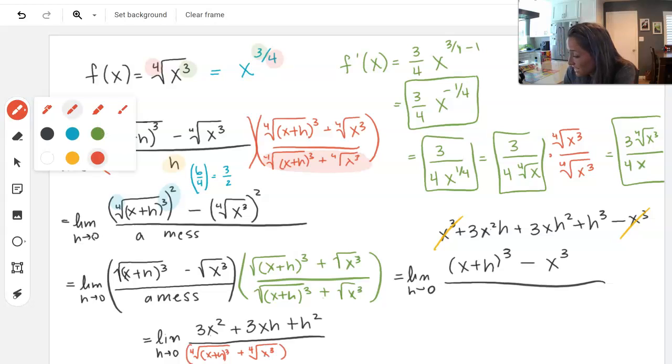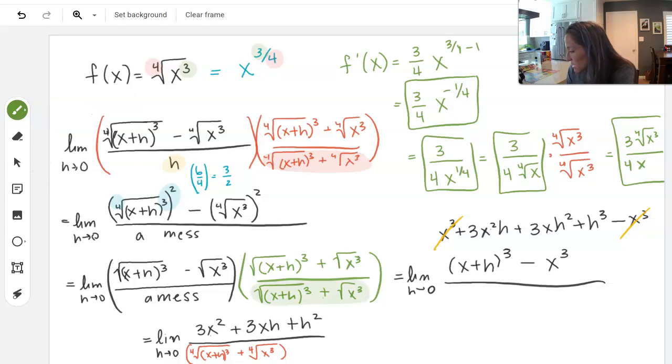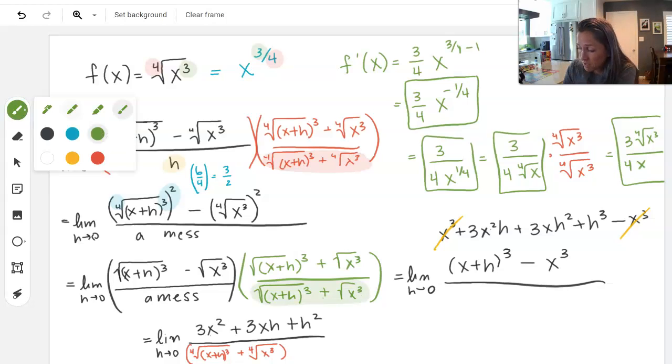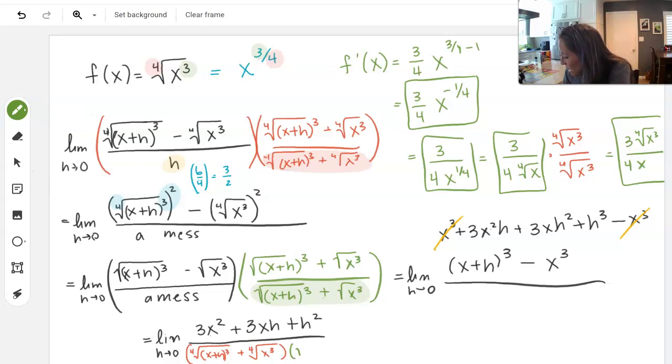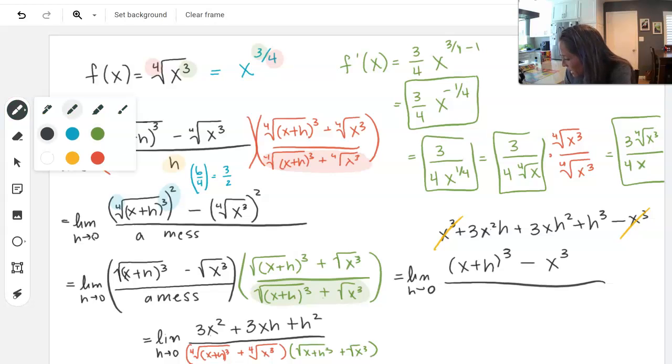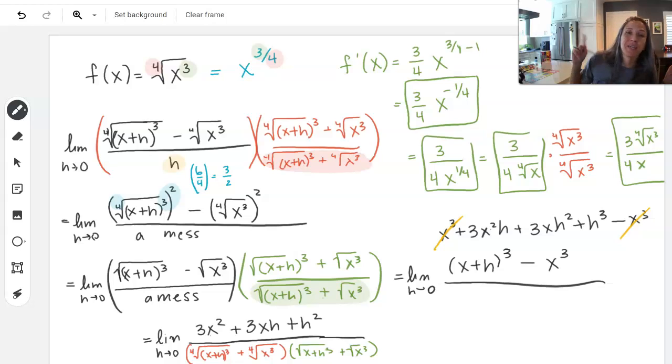We also need our second conjugate that we multiplied by, because I had to do this twice. Still am feeling good that it actually worked. And so we have our square root of x plus h cubed plus square root of x cubed.